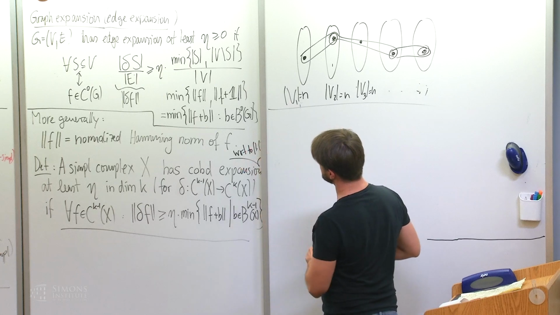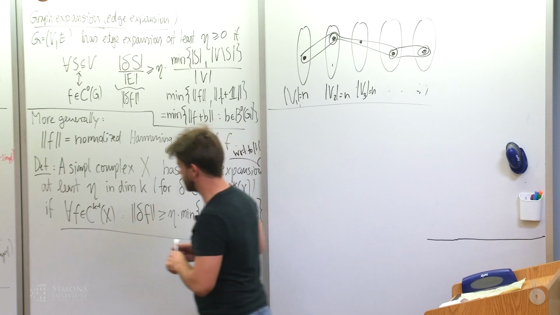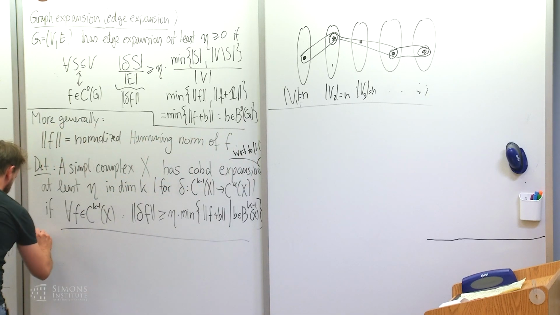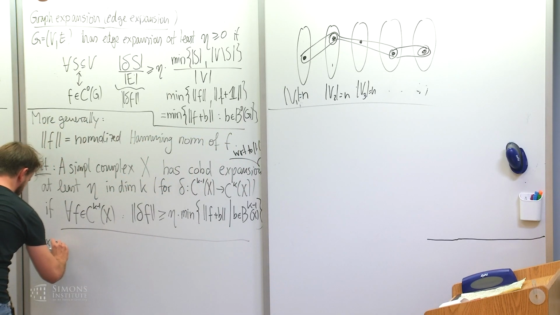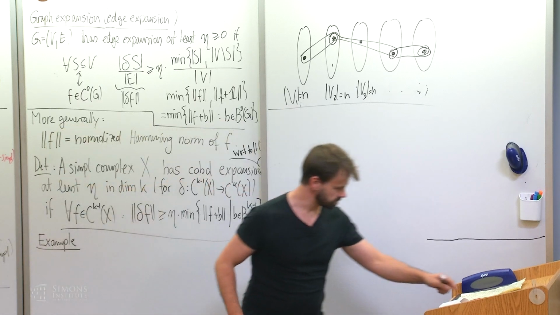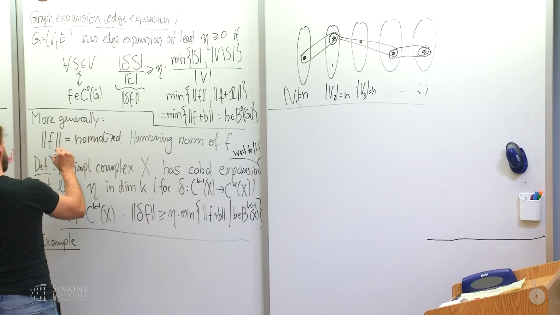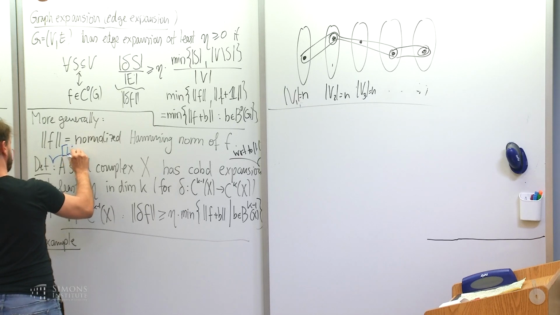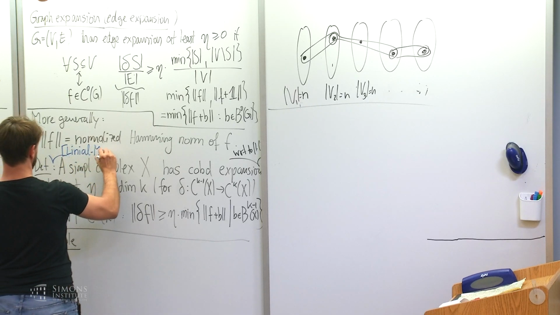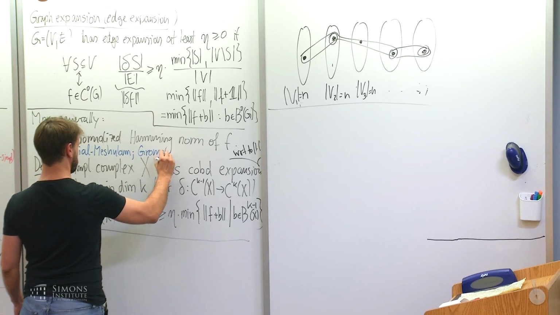Right. Okay, so this is the definition. At least one example. And I should say, sorry about this, that this definition arose independently. They didn't call it that way, but in a paper by Nati and Roy, and independently in a paper by Gromov.